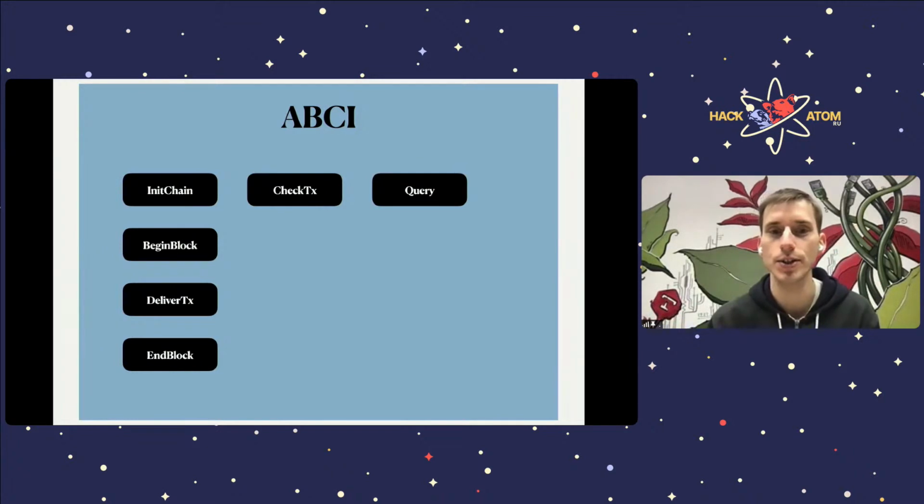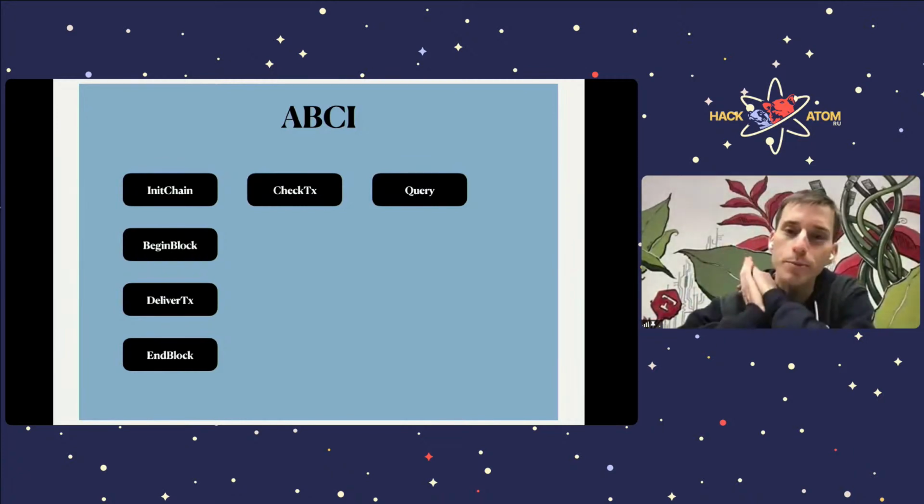When a transaction comes rolling to Tendermint, say from the network, it invokes the CheckTx method to the app, and it asks basically, is that transaction valid or not?